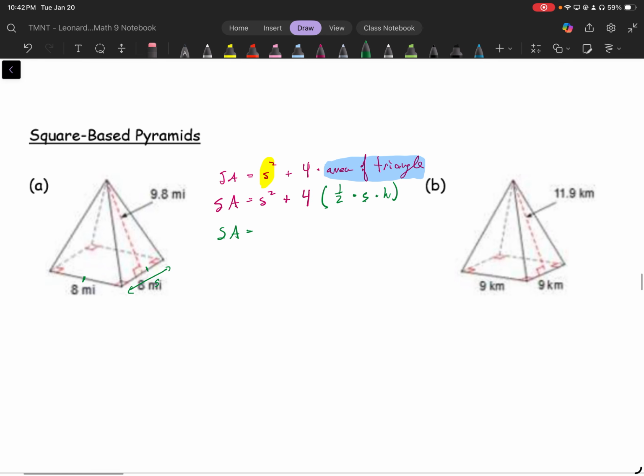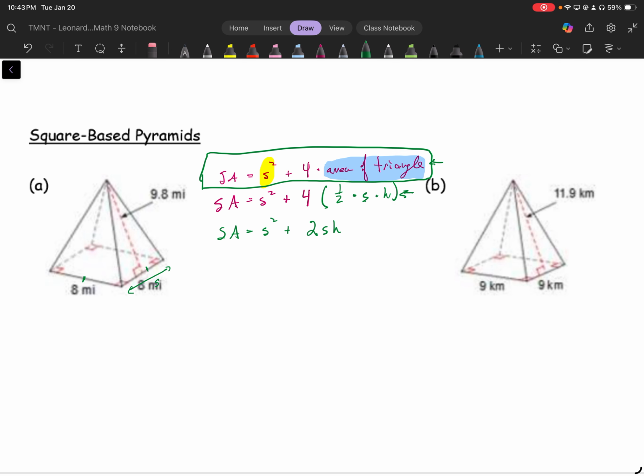So the surface area is going to be the side length of the base squared, plus, I'll do the algebra for you, 4 times 1/2 is 2, times the side length, times the height. And now we have a much simpler formula than either of the two above, even though you can resort to the above if it makes sense.